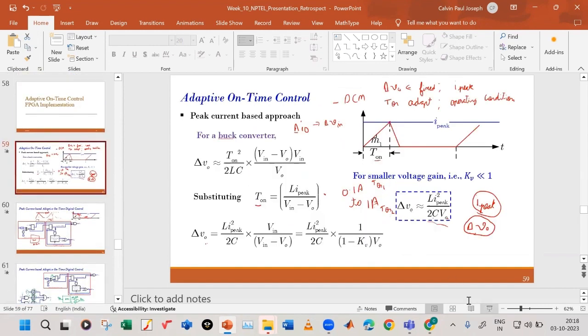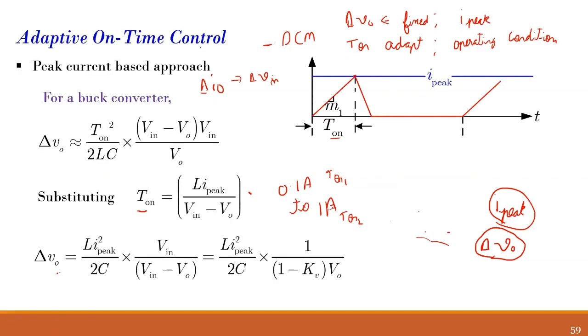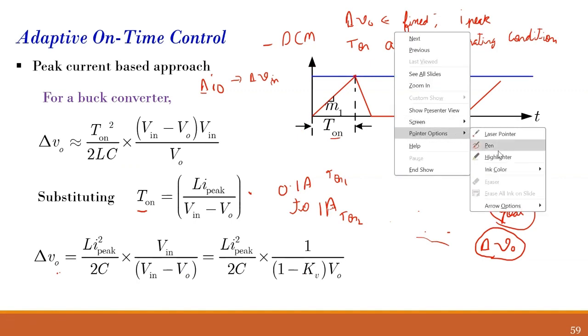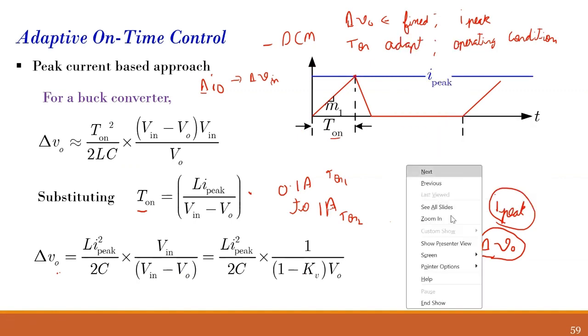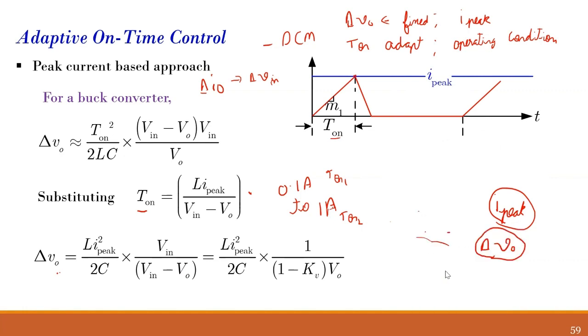If the load current changes, see, assume in this case your V in is fixed, and your output also is fixed. What has happened? Your load current only has changed.